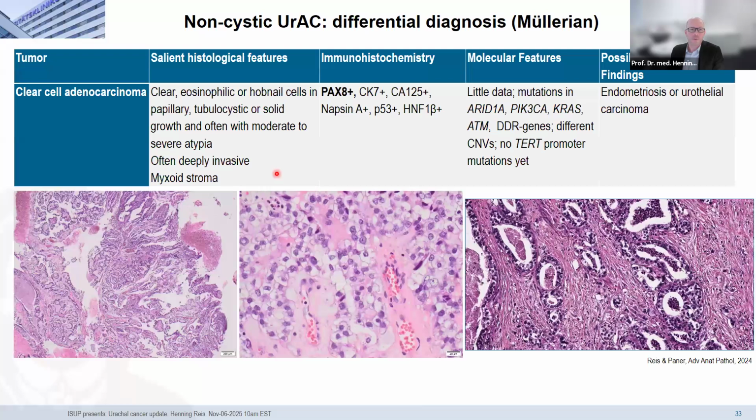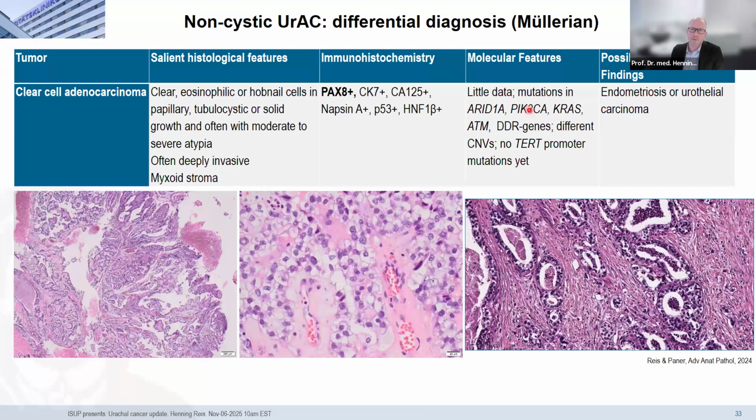And to distinguish from Mullerian tumors, that's easier because, as we know, morphology is a little bit different. We have these papillary tubulocystic tumors with clear cell morphology, and immunohistochemistry helps here a lot because PAX8 is positive, and PAX8 is not positive or shouldn't be positive in urachal cancer.